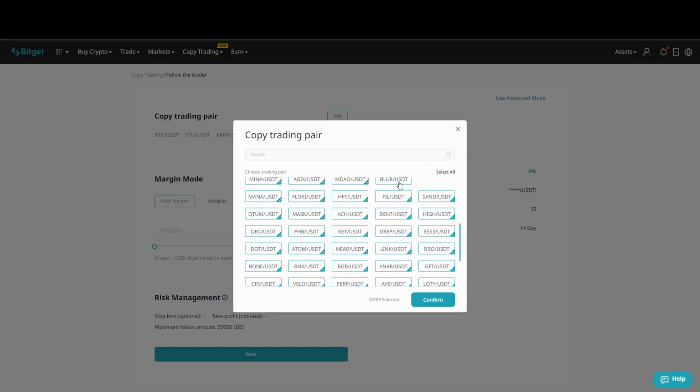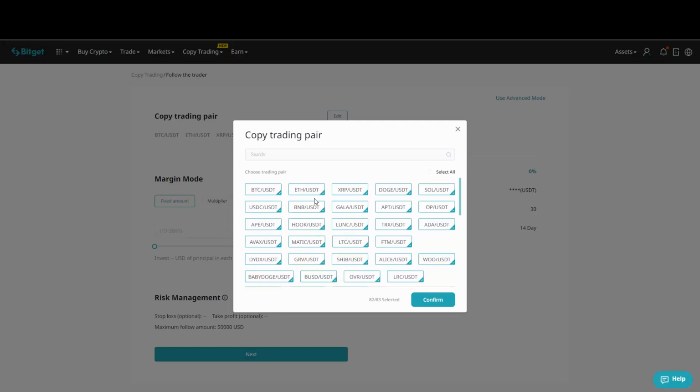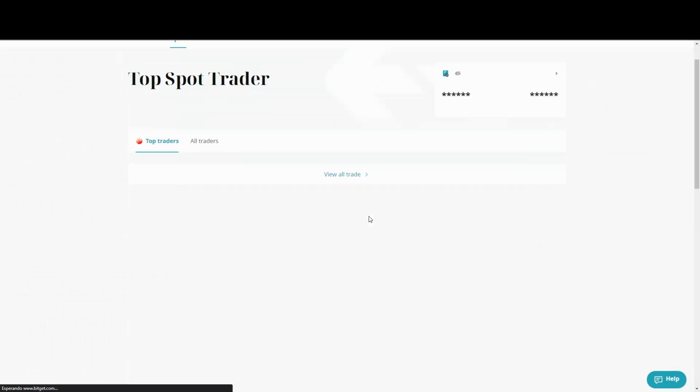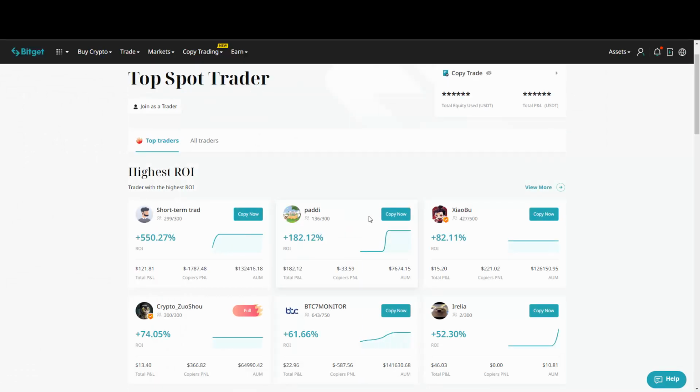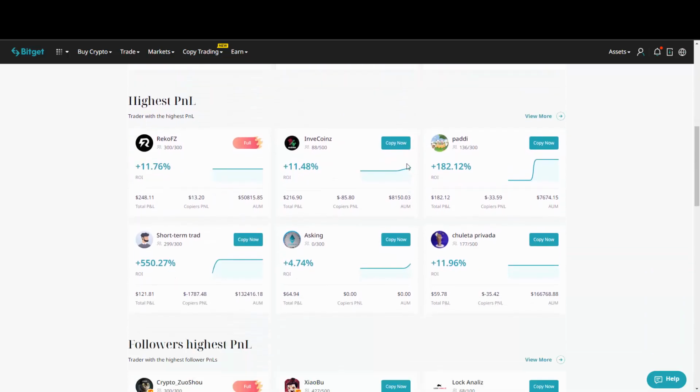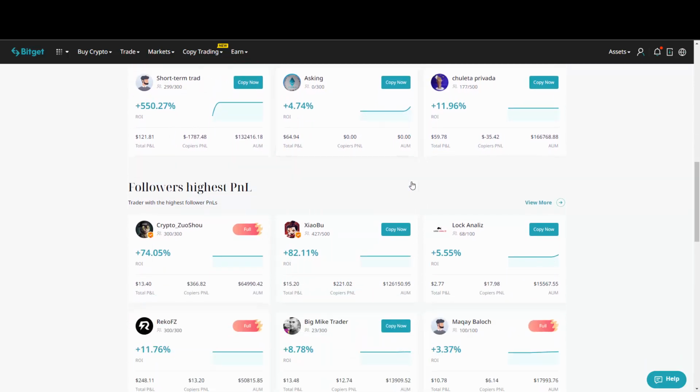So you can say, okay, I just want to go with just these two, so you leave just these two. But again, they are different kinds of traders. You can check and see if they are actually working with a couple of pairs. So that's also my recommendation. If you don't have a huge capital, just use a trader with a couple of pairs.